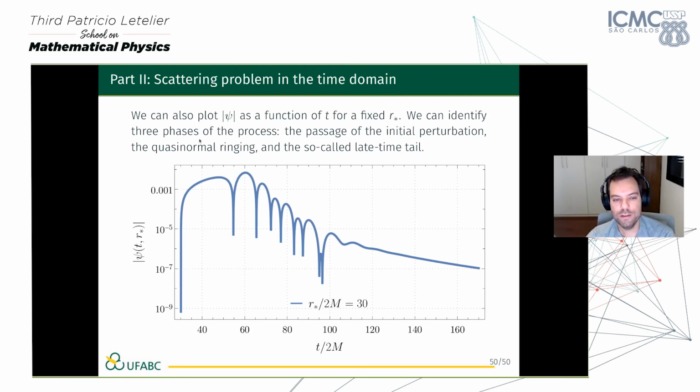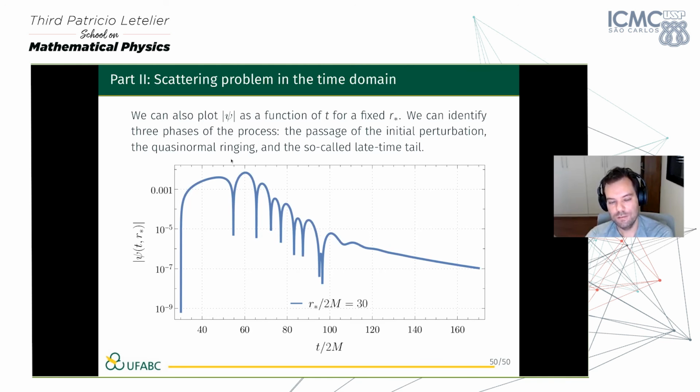And then after the initial pulse passes, you see the relaxation of the field, which is basically these oscillations here that are decaying. If you join the peaks here, it should more or less look like a line. So a linear decay here. Since it's a logarithmic scale, it's an exponential decay in time. So these are the quasi-normal modes.